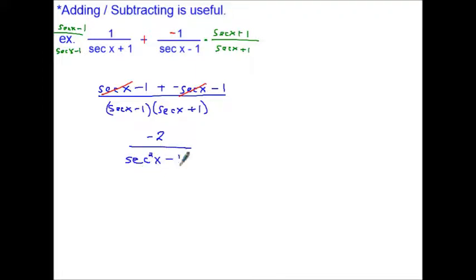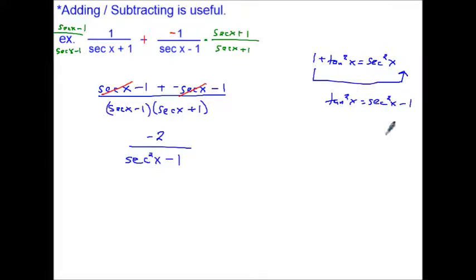minus 1. Now using the exact same Pythagorean identities as the last one, if I start out with 1 plus tangent squared x equals secant squared x, taking the 1 to the other side as a negative 1 gives me tangent squared x equals secant squared x minus 1. So there we go. We have a nice little substitution we can do there.